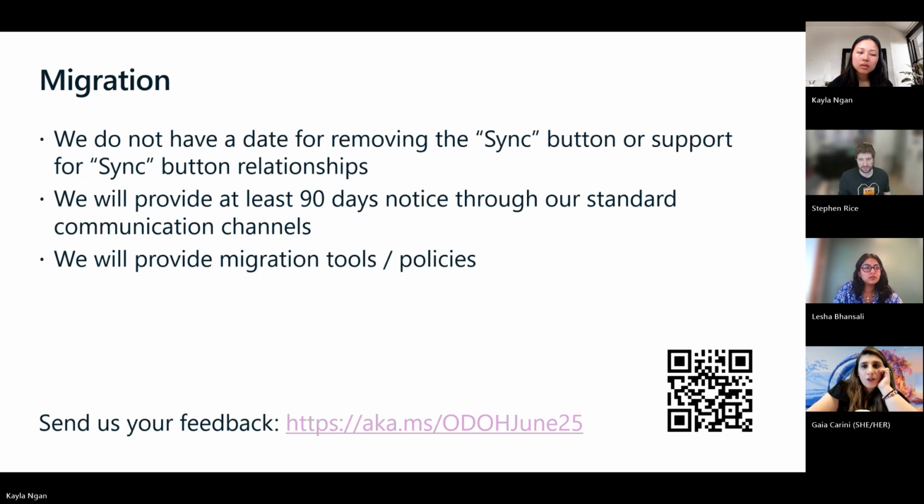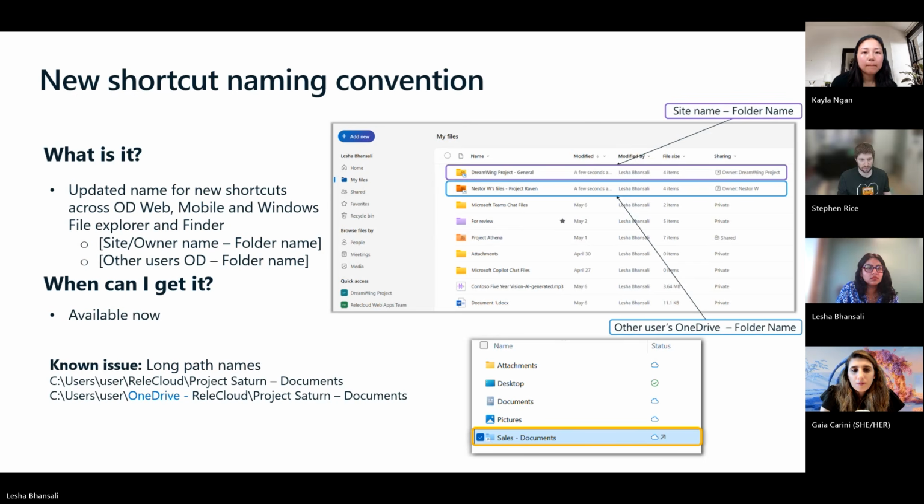When you sync files, the local path is under the company name and the document library. If you stop syncing that and then add shortcut to OneDrive to the same library, will it be the same folder and path?